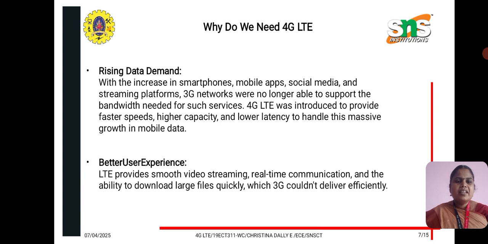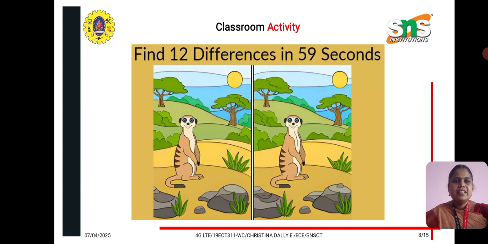But these facilities are not available in the third generation, and that is why 4G LTE was introduced. It provides faster speed, higher capacity, and a better experience. For example, for video streaming, real time communication, or downloading large files quickly, we can go for 4G. It cannot be done well in 3G.